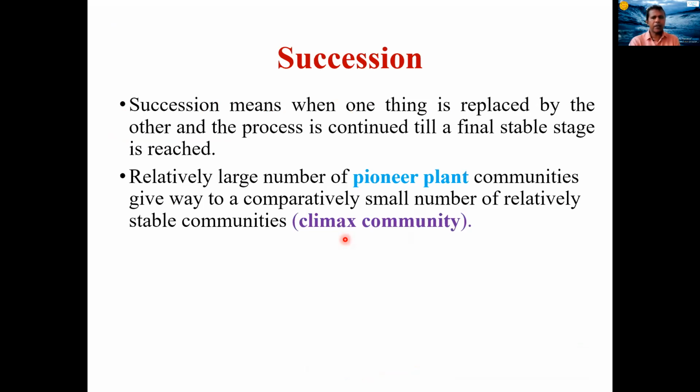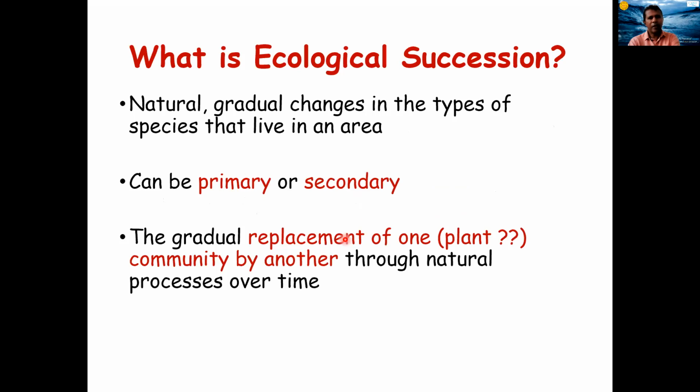The pioneer communities are more unstable. They will change or be replaced by one another until they get to a climax community. And that's how ecological succession takes place in nature. This is a very important phenomenon.